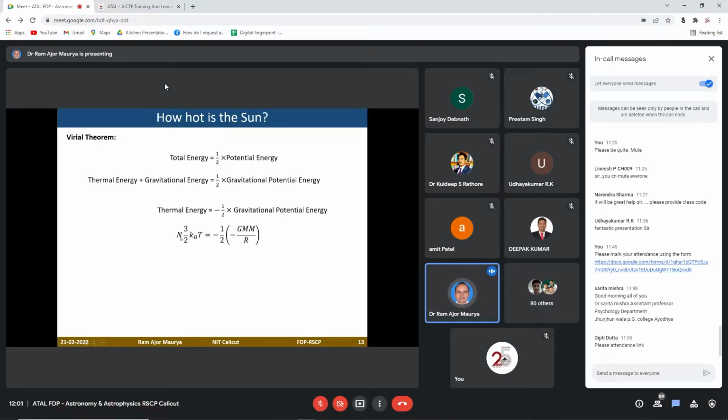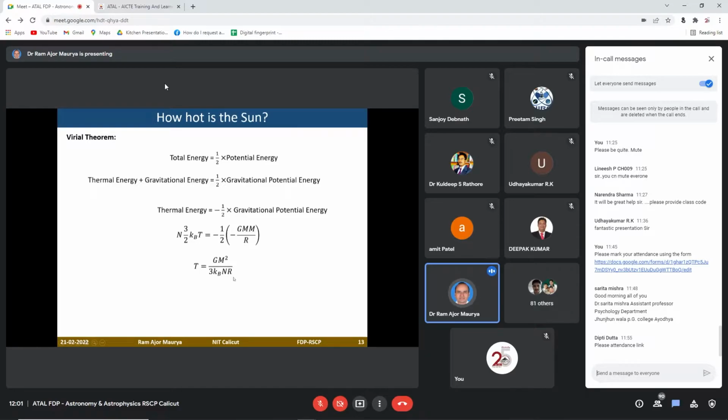Let us say there are n particles, and this is the energy associated with one particle. Then from this we can get the temperature T as G M squared over 3 kB N R, and then you can plug in all the parameters. G is the gravitational constant, M is the mass of the sun, kB is the Boltzmann constant, N is the number of particles, and R is the solar radius.